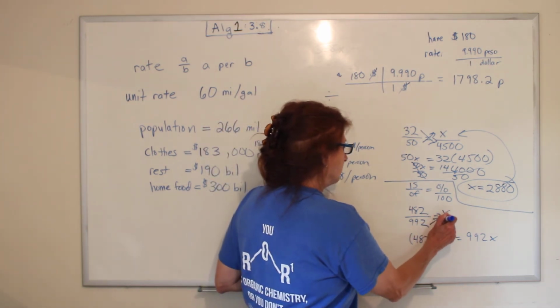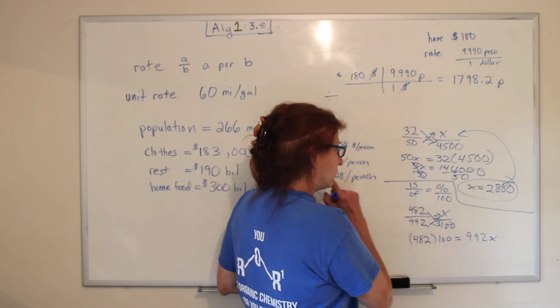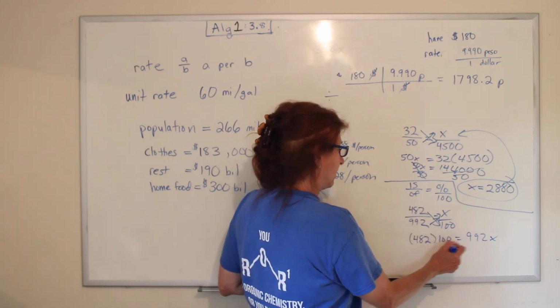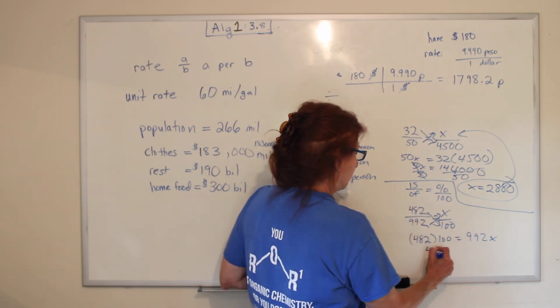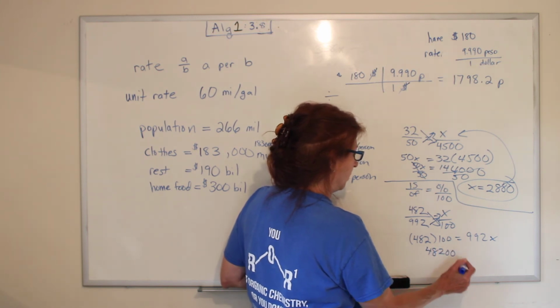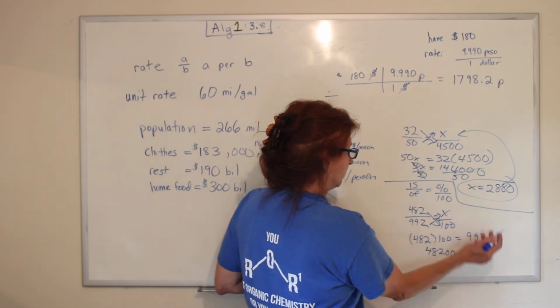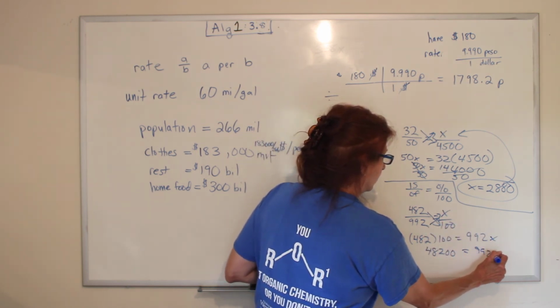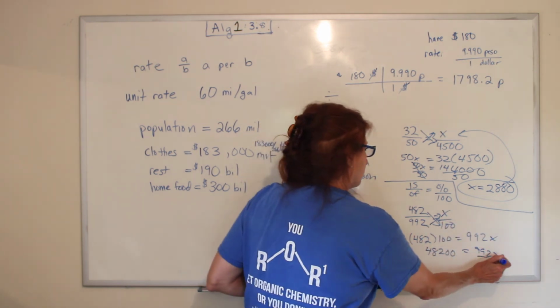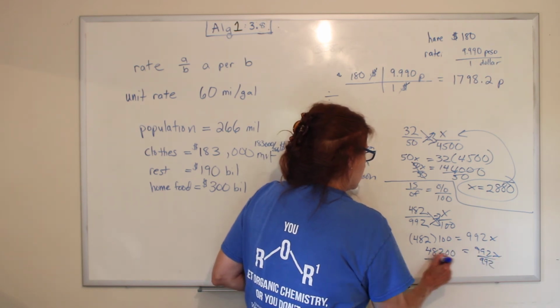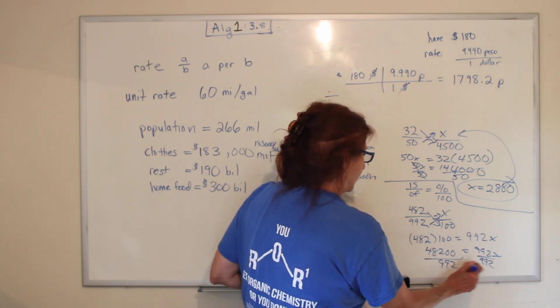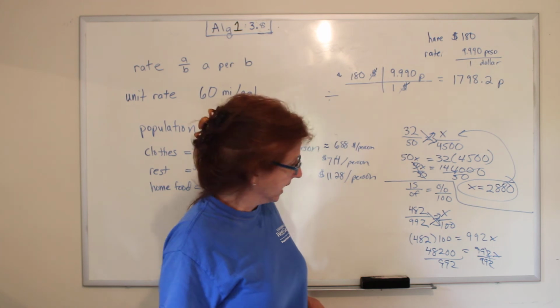We would cross multiply. 482 times 100 on this side, so it'll be 48,200 equals 992 times x. Why is x not alone? We multiply by 992. So we do the opposite, we divide by 992. What you do to one side, you do to the other.